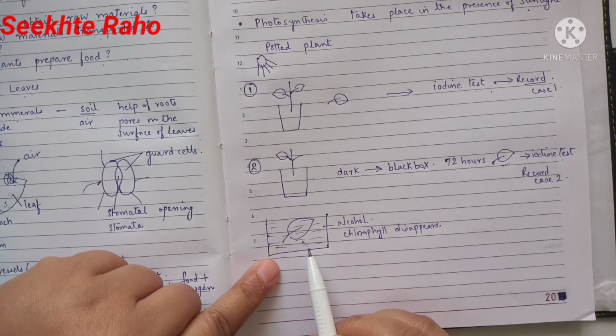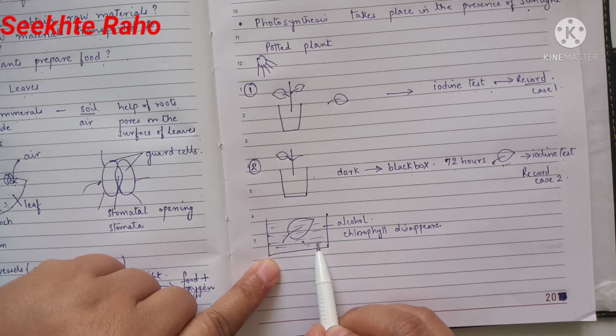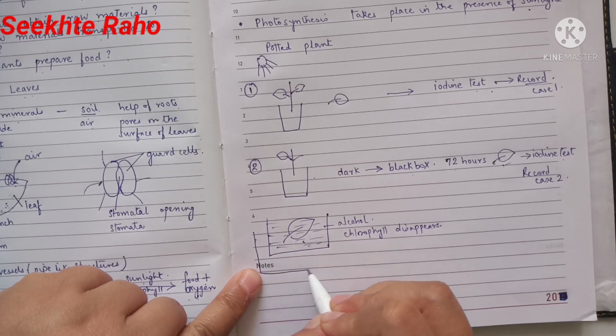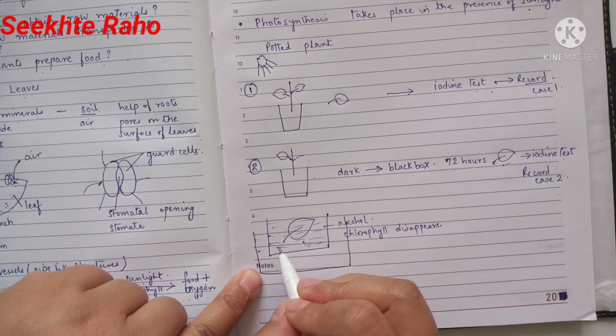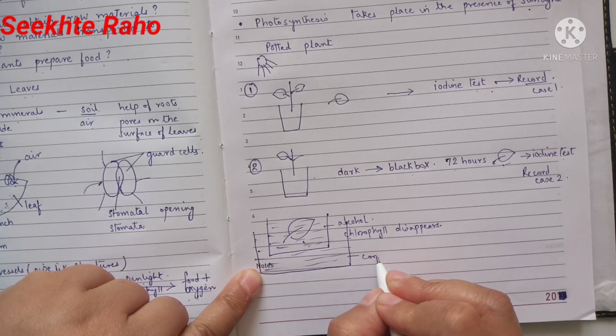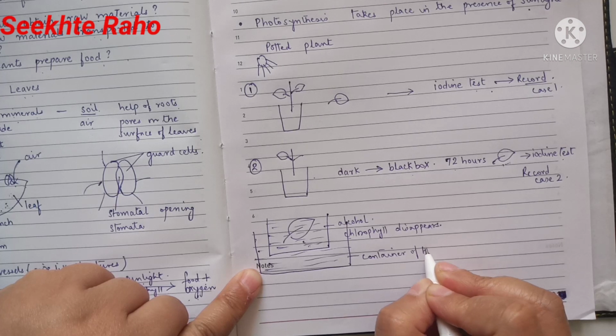Now children, we cannot directly boil the leaf in alcohol because alcohol is inflammable. Inflammable means that it will catch fire if it is directly heated. So what we do, we boil it in a container of water.